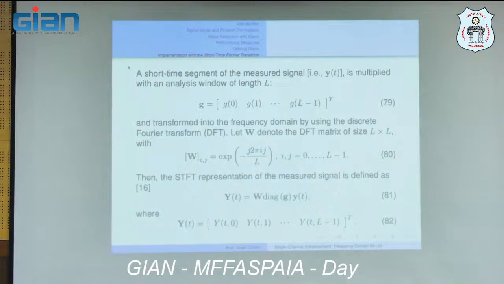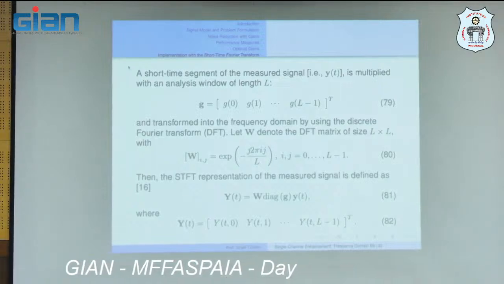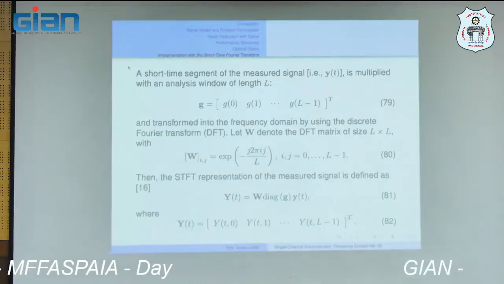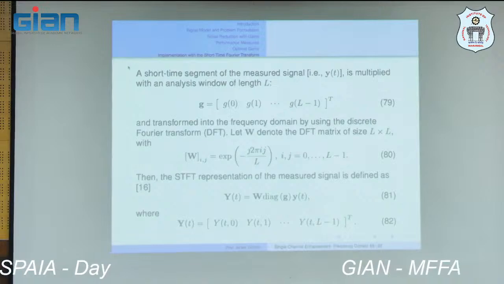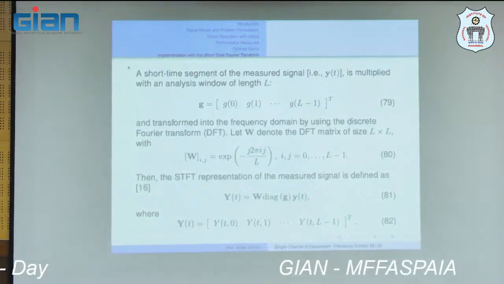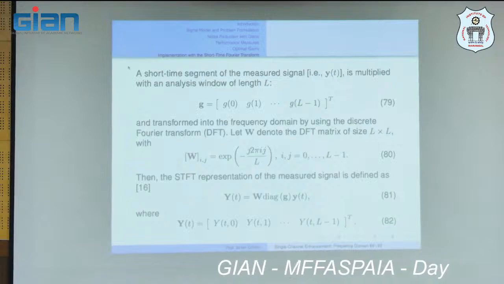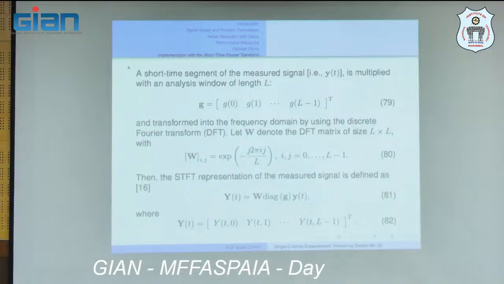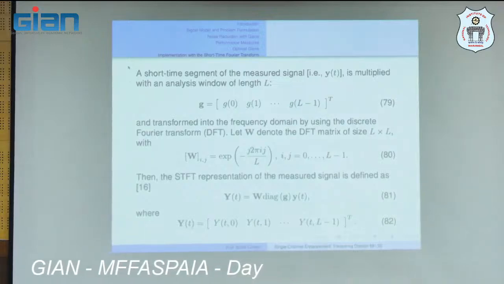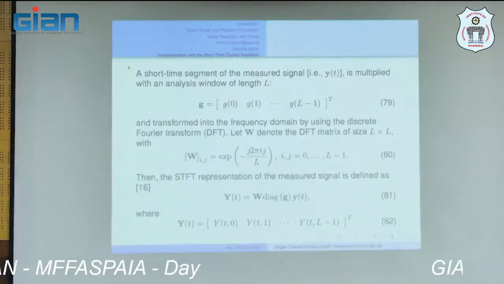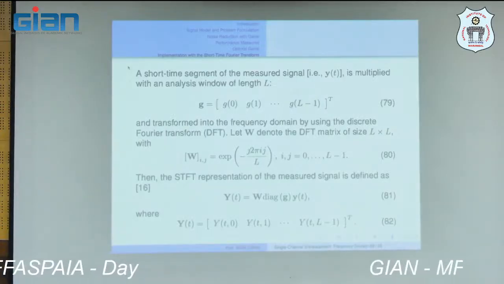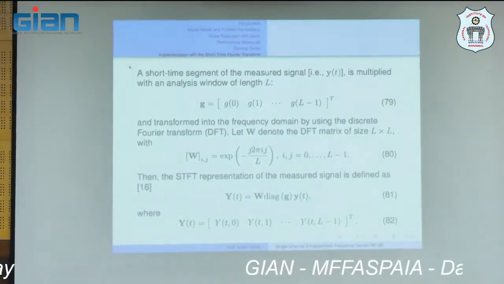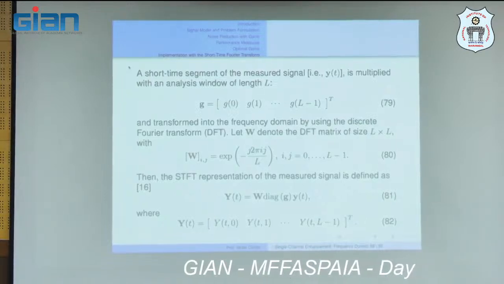How do we do that? We have to use windows. If we just use rectangular windows, there are some problems and some artifacts. So it's not good to use rectangular windows. Also, when you use the short time Fourier transform, it's important that the analysis window and the synthesis window, which means for the forward short time Fourier transform and the inverse short time Fourier transform, satisfy some relations.